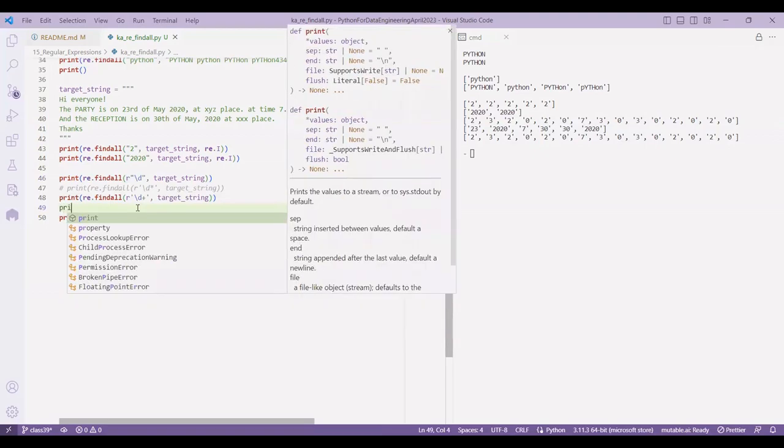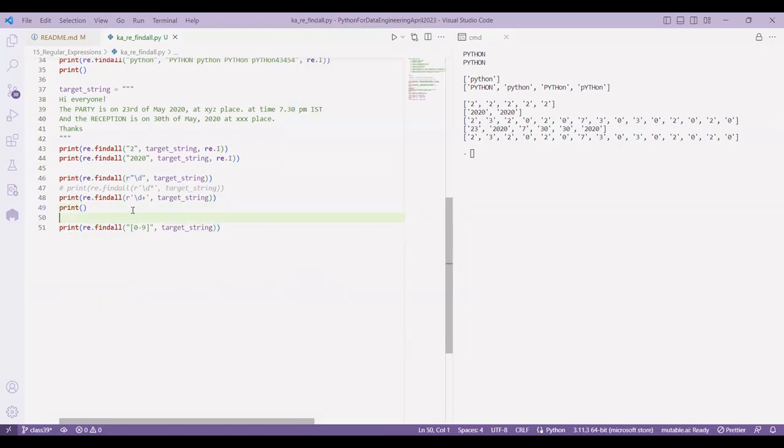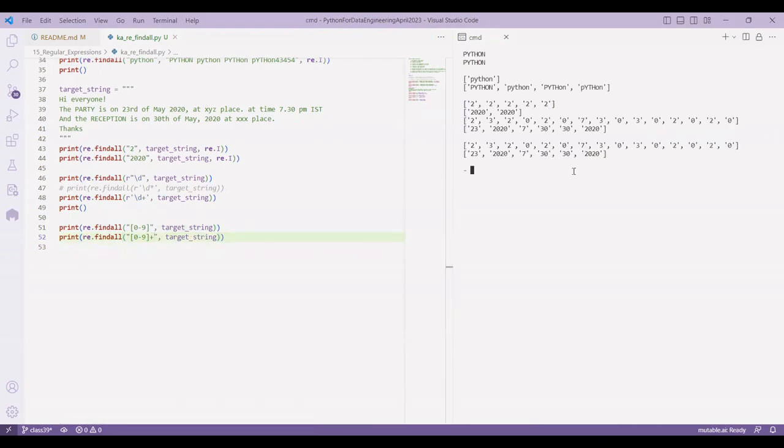Same like that, 0 to 9 we gave. So you were asking for presence of one digit, and individually you got it. But same like the above, we cannot use an ampersand, but you can use a plus operator. Means minimum one, more than one also fine. Now did you see? Same like how you did earlier, the same thing here also worked.